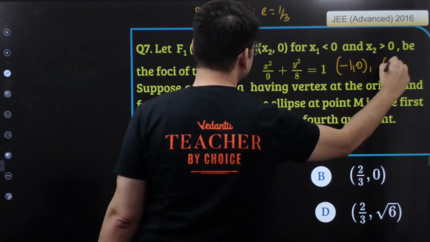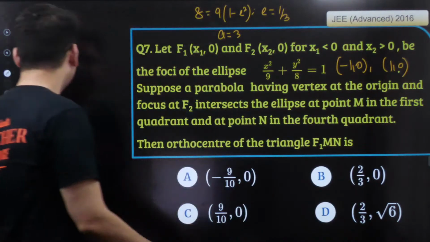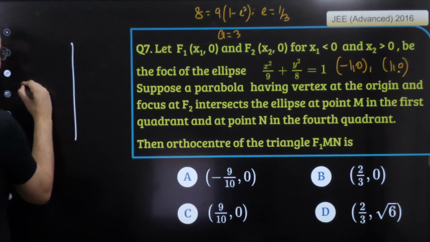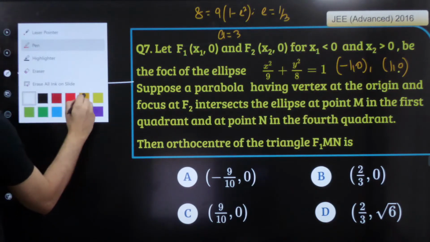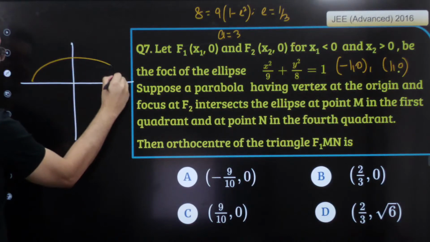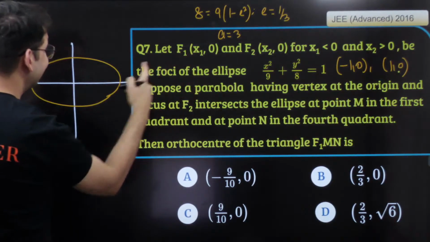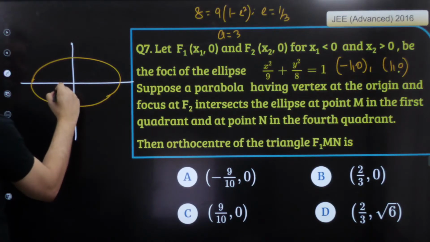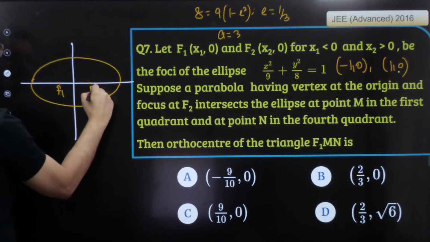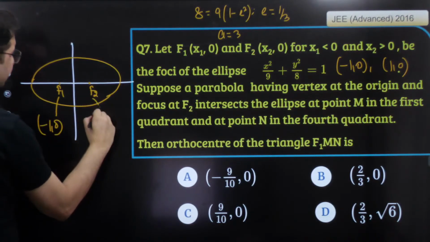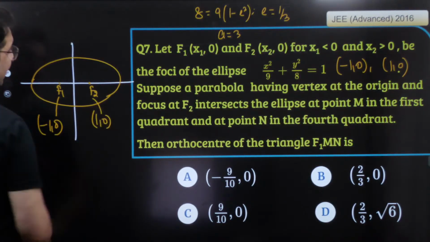The other point is 1, 0. These are the two foci. X1 is negative, so F1 is going to be minus 1, 0 and F2 is 1, 0. Okay, done.